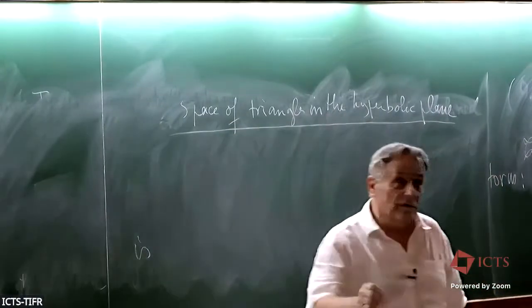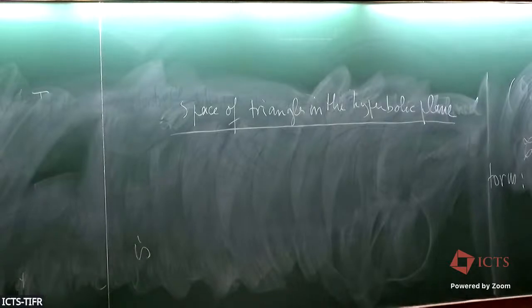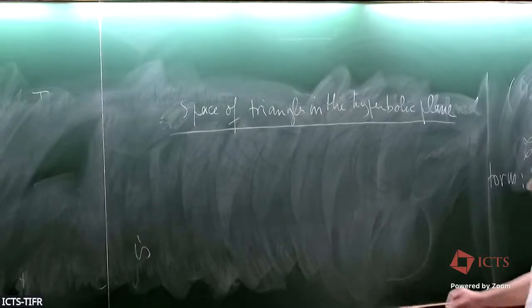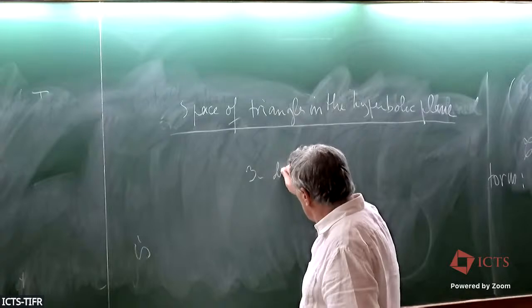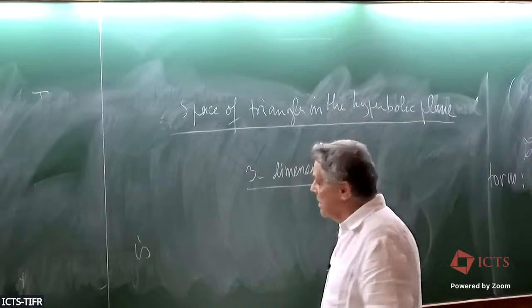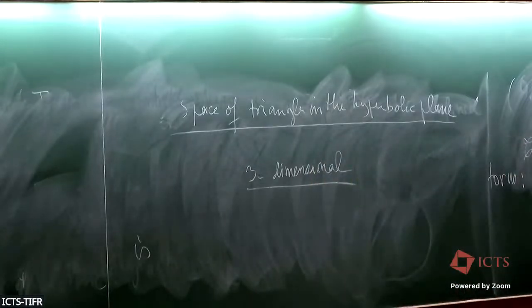I will not give you all the questions which I think are interesting, but this is a question which I tried to deal with, and the first things, I mean, the things we did in the Euclidean case do not work at all. So here, one difference also is that this is three-dimensional. It's not two-dimensional as in the case of the torus.